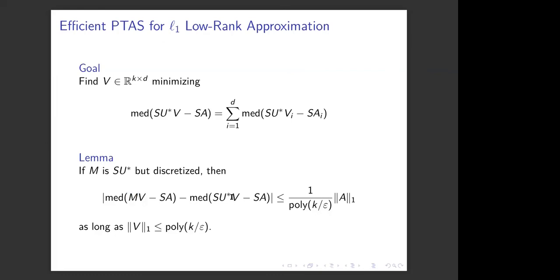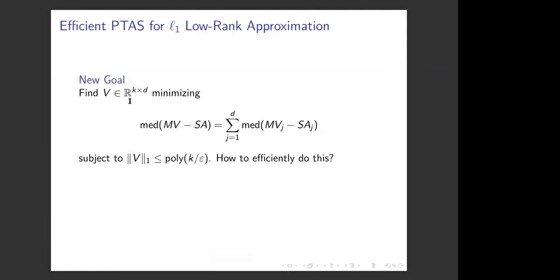So we don't want to amplify the rounding error, so we'll add the constraint that the L1 norm of V is at most poly k over epsilon. So now we have a new problem. M is the discretized SU star, V is the right factor, and we have the constraint that the L1 norm of V has to be at most poly k over epsilon. And in the objective here, we now replaced SU star with M.